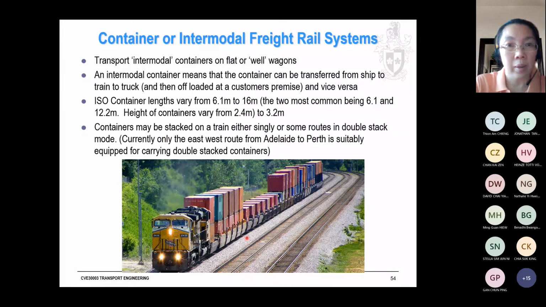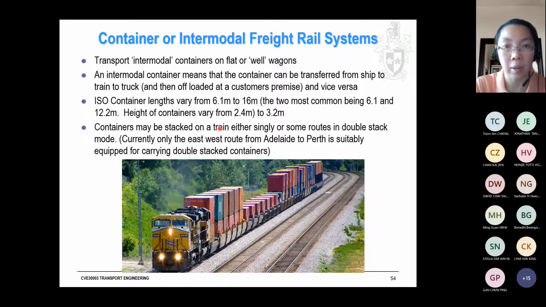Okay, now the container or intermodal freight rail system. We have transport of intermodal containers on flat or well wagons. This will carry a lot of different containers for companies, and the container length varies from about 6.1 meters to 16 meters.